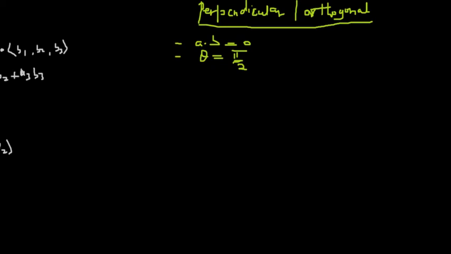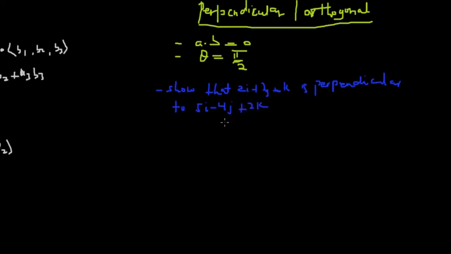In case you meet an example that says, show that 2i plus 2j minus k is perpendicular or orthogonal to 5i minus 4j plus 2k, the only thing you do is use your dot product to verify.